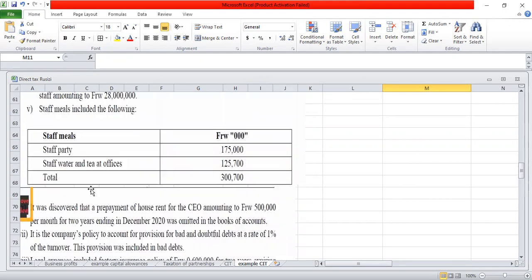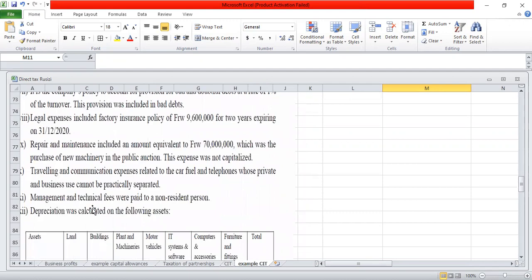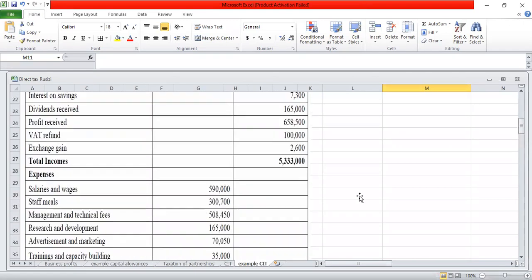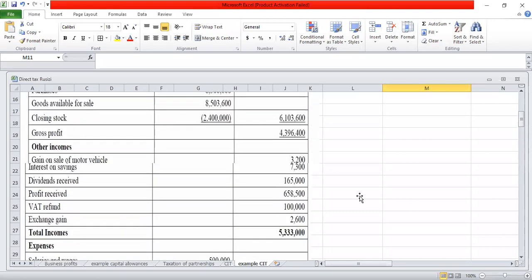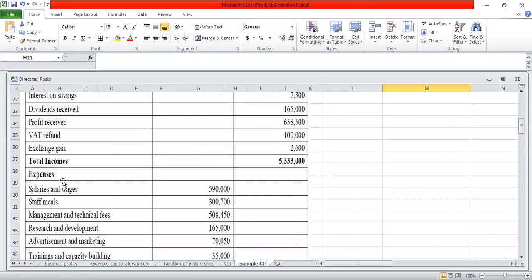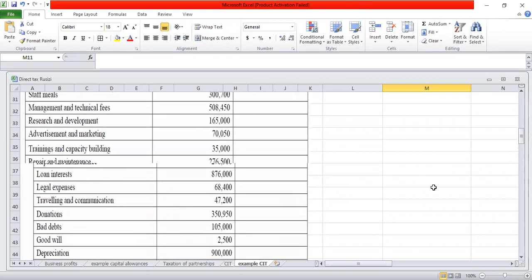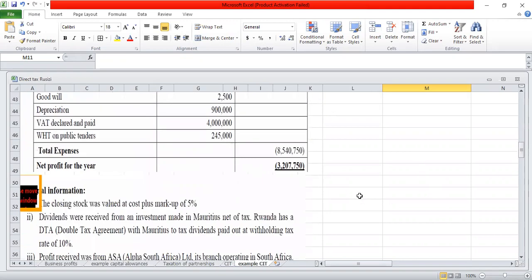It has no note, I think. Management were paid to a non-resident, so we need to compute the working here. The management and technical fees, we need to provide the working. It is how much? Management and technical fees is 580.